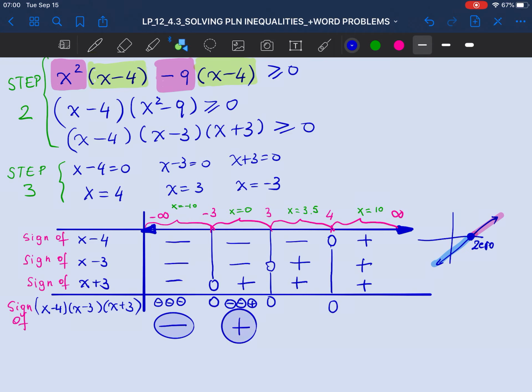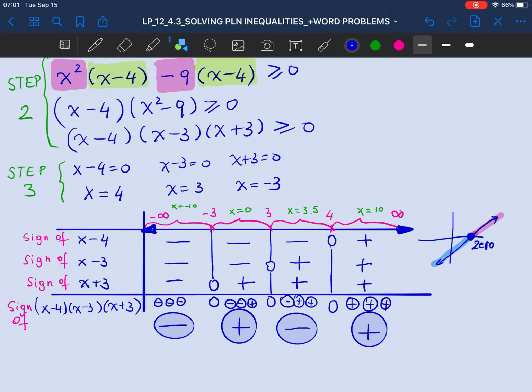That will give a positive. Next, we have a negative, a positive, and then a positive. That gives a negative again. And last, a positive, a positive, and then a positive. So 3 positives will make a positive.